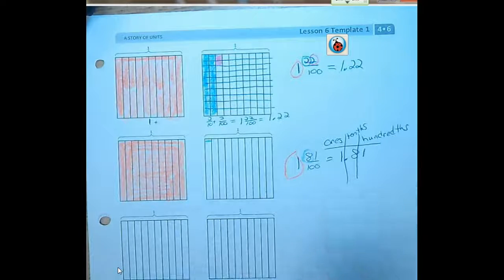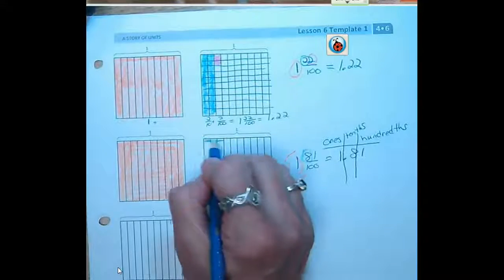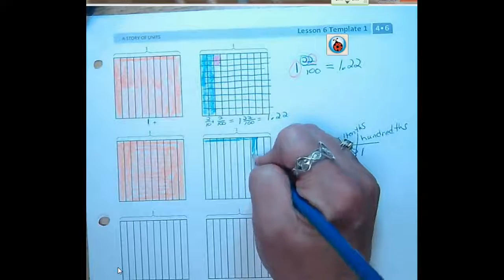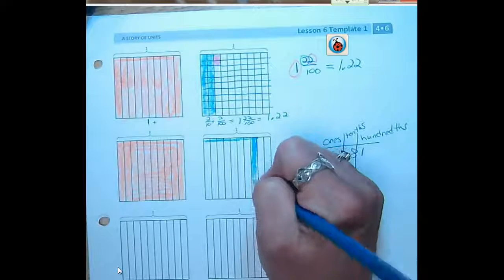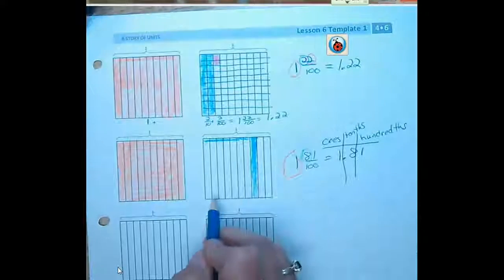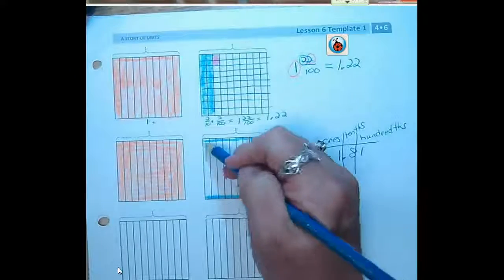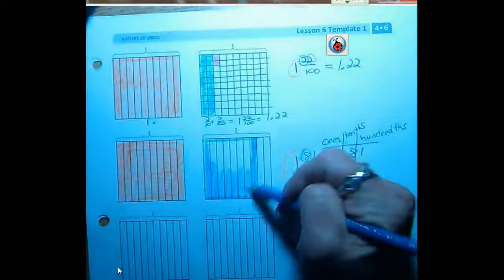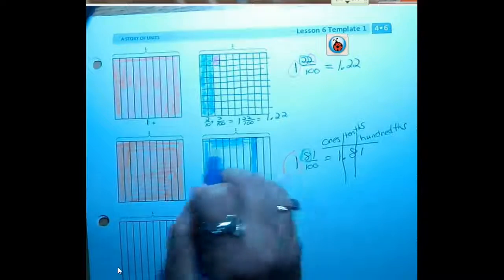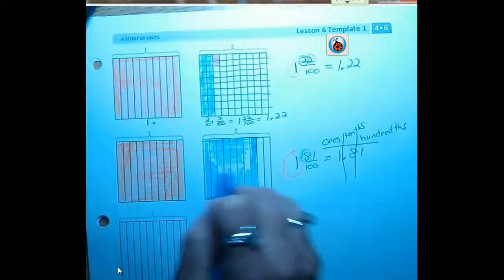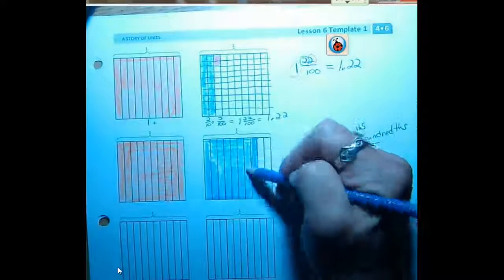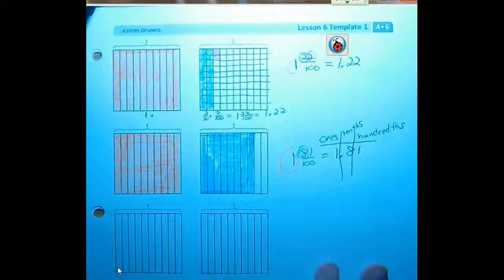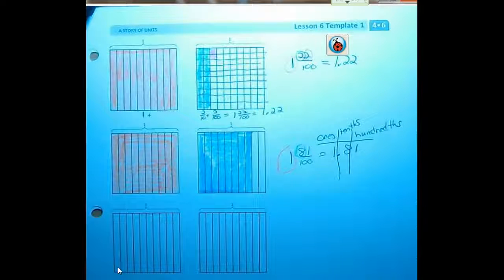So I have 8 in the tenths column, so I can shade in 8 tenths. Should be all the way up. You should have 2 left, since there's 10. I'm going to go ahead and keep going. I think the light is better this way anyways. So now I need hundredths.